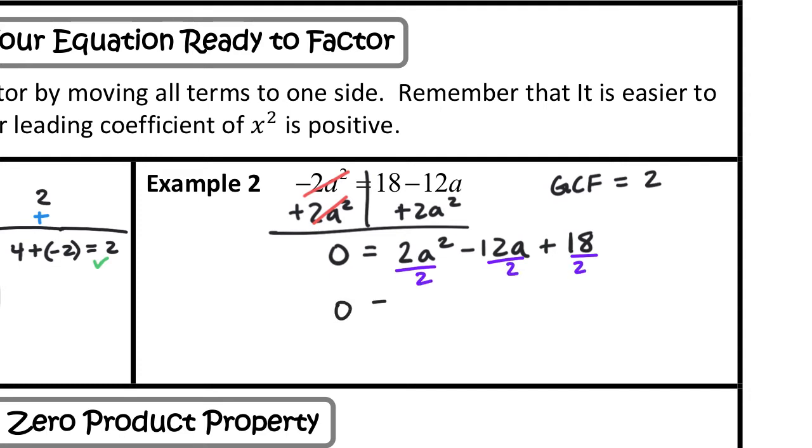Bring down the 0. Put the GCF in front. Divide everything by 2. 2 divided by 2 leaves you with a squared. -12 divided by 2 gives you -6. And 18 divided by 2 gives you 9.